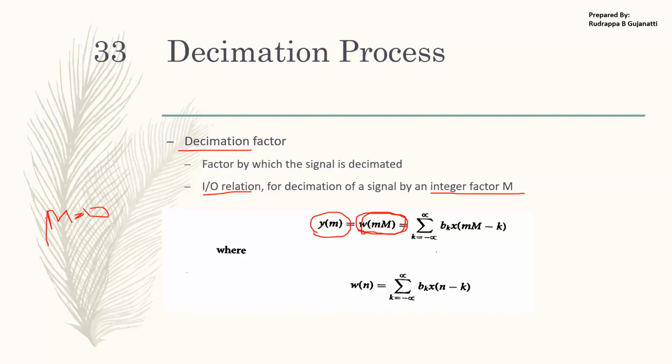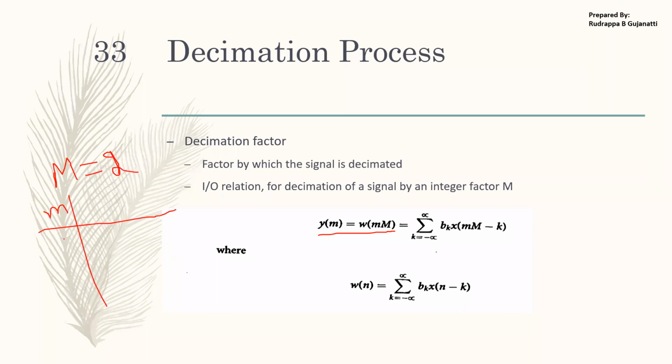If capital M is, say, 1, then it will be equivalent to the same signal. If I consider it to be 2, then in lowercase m, if m is equal to 0, this m into capital M would turn out to be 0. Then if this is 1, this would turn out to be 2. If this is 2, this would turn out to be 4.